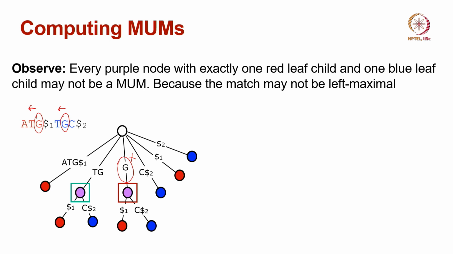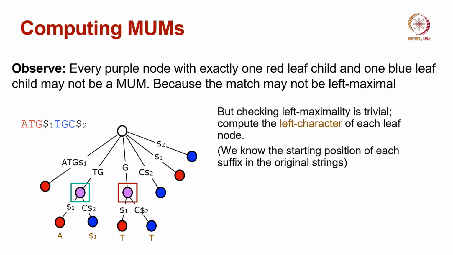Now, it turns out that checking for left maximality is trivial. All we need to do is check the left character of each leaf node. For example, if I want to quickly check whether this is left maximal or not, I can check the suffix corresponding to this node.